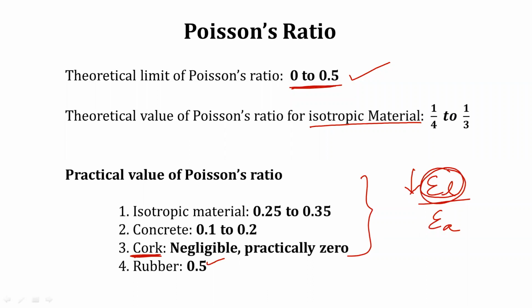So for rubber-like material, the value of Poisson's ratio will be maximum. And one more thing, try to find why this value for cork material is practically 0. These are two interesting questions regarding Poisson's ratio. Try to find out. You will find very interesting answers over the internet.